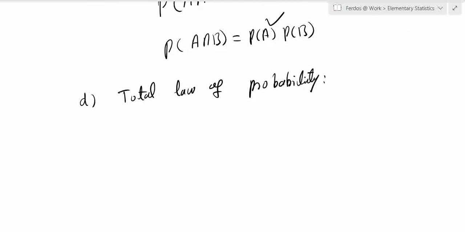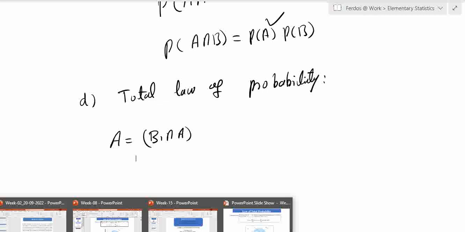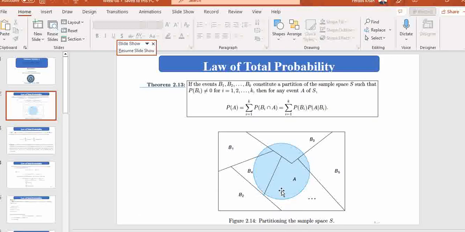You can say in that case A is equal to B1 intersection A. I would like to show you that again. This blue part here in B1 is B1 intersection A. B2 intersection A is empty, so of course the probability will be 0, so it will not be included.